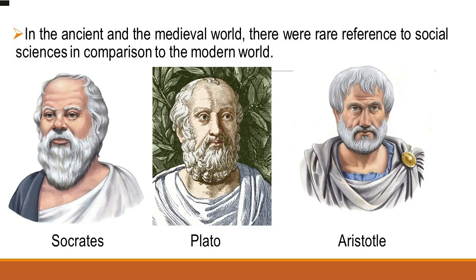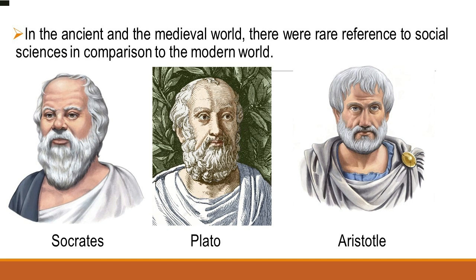In the ancient and medieval world, there was rare reference to social sciences in comparison to the modern world. Socrates introduced the Socratic method, Aristotle introduced Politics, and Plato introduced to us The Republic, and more intellectuals of the ancient world contributed a lot to social science.